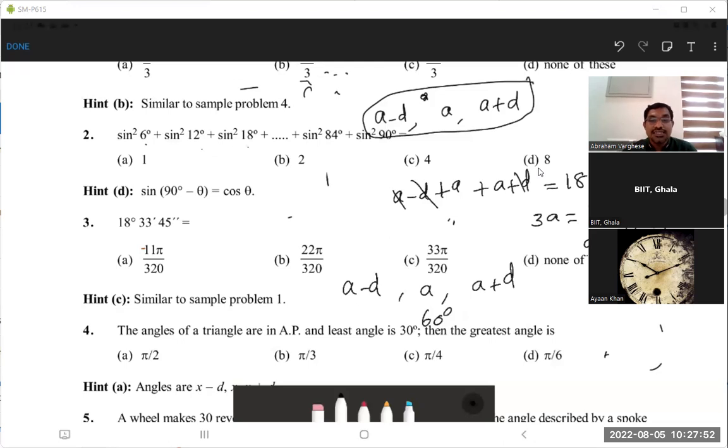The least angle is given. a minus d will be the smallest angle, so this will be 30. They are in AP, no? 30, 60. So what is the next one? The difference is 30, so it will be 90. So 30, 60, 90 are the angles. What is the greatest one? Greatest one is 90. Sir, she's asking how did 90 become pi by 2, how did the answer come to that?